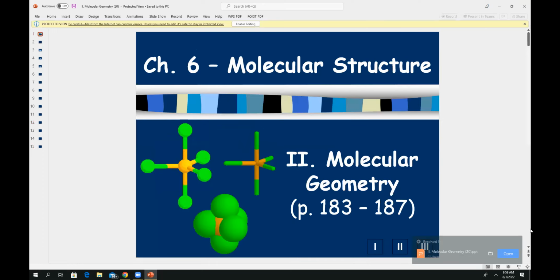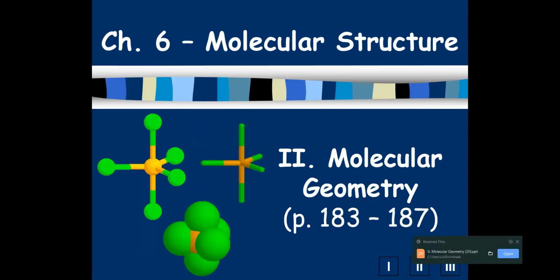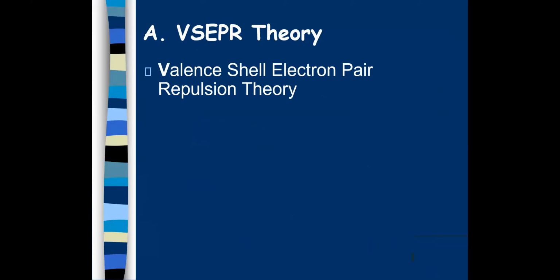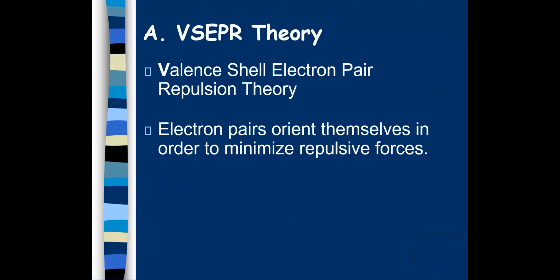Okay, for the molecular geometry, you have to look at the VSEPR theory, which is valence shell electron pair repulsion theory, which states that electron pairs will orient themselves so as to minimize all of the repulsion that would happen between electrons if they didn't.